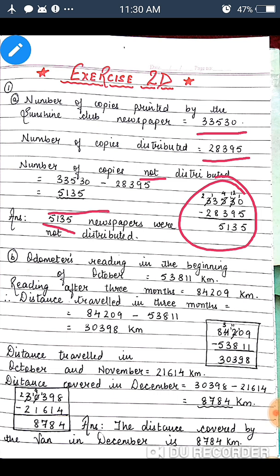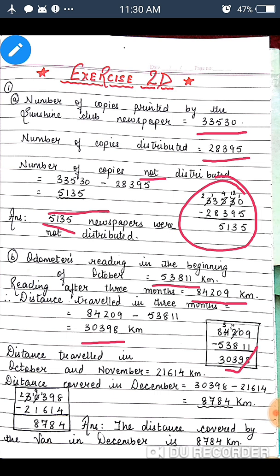So first, in the beginning of the month of October, the reading was 53,811. And after 3 months, the reading was 84,209. So during these 3 months, the distance travelled will be 84,209 minus 53,811, which is 30,398 after subtraction.